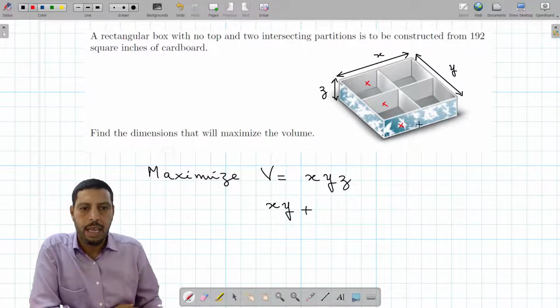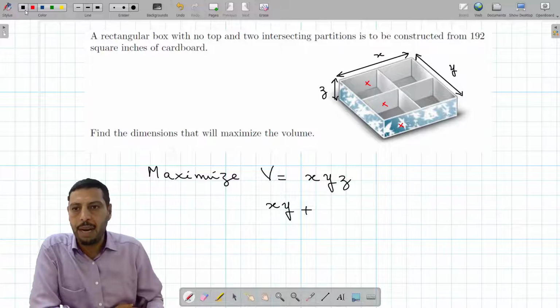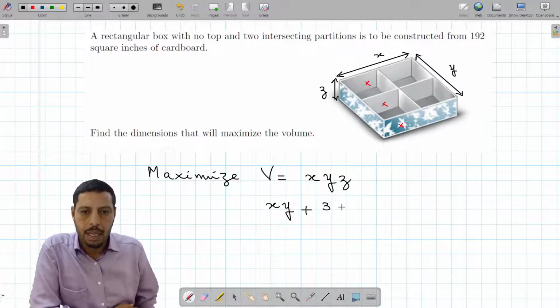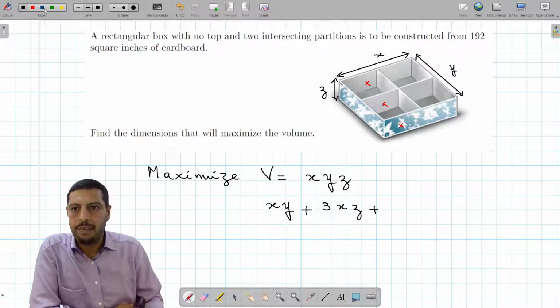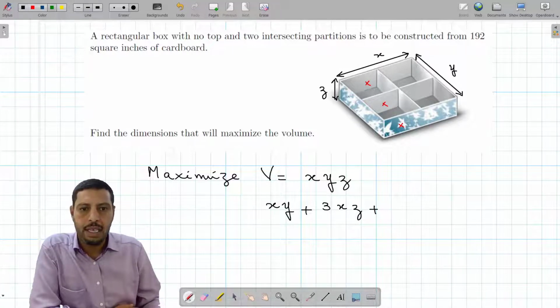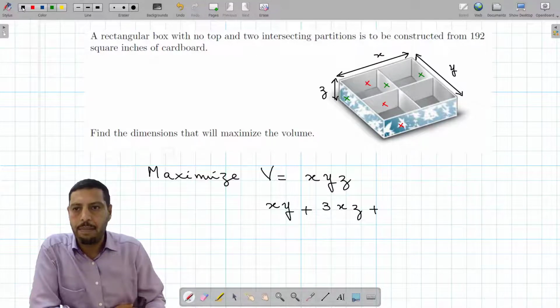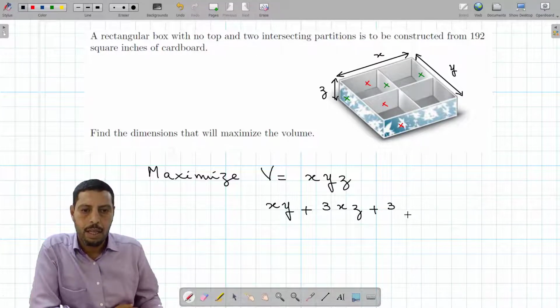These three sides have an area of x times z, and they are repeated three times, so we have plus 3xz plus, and if you look at your box again, you have these three sides which are equal also, and each one of them is z times y. So we have plus 3yz.